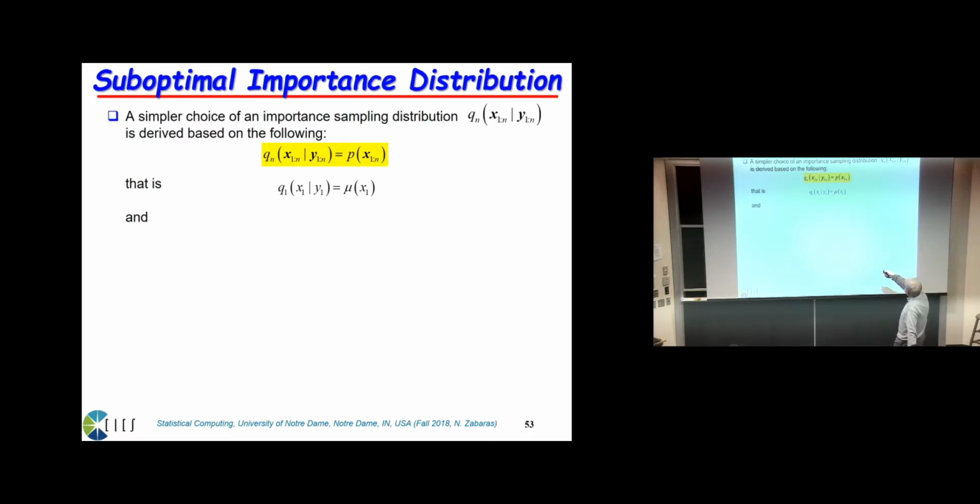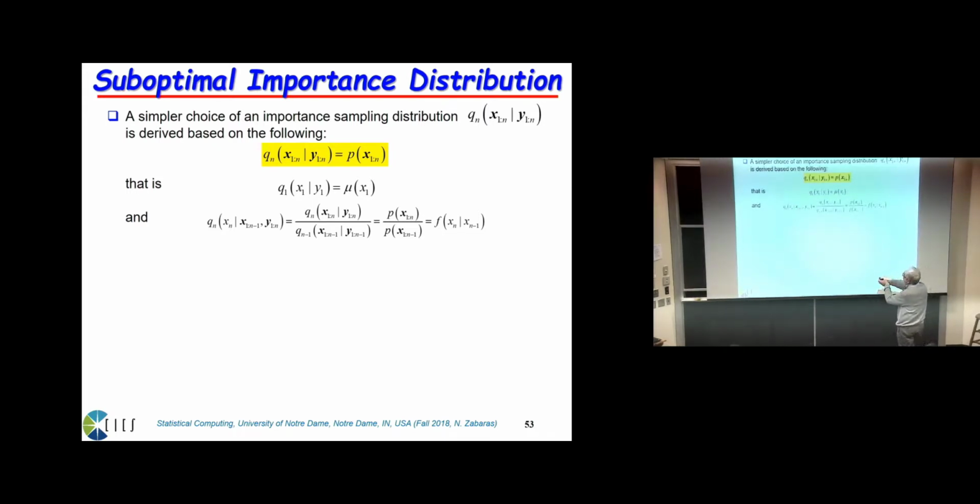So, for example, at time 1, this is the distribution where you sample your initial state, so Q1 will be equal to that. And if you do a simple calculation, I'm going to give you just the answer.